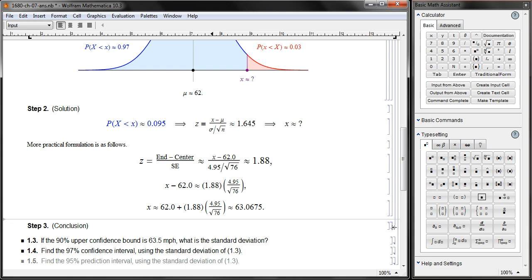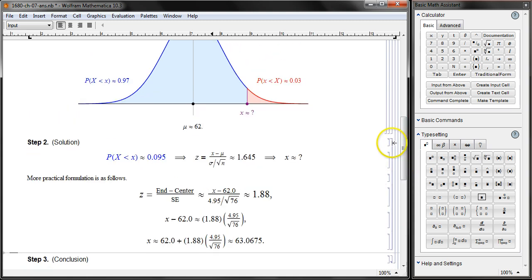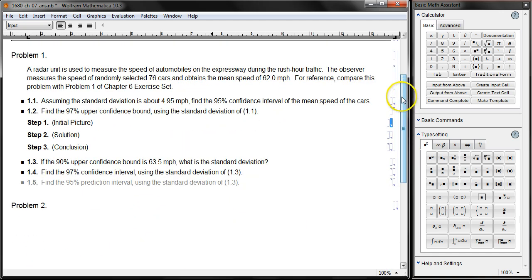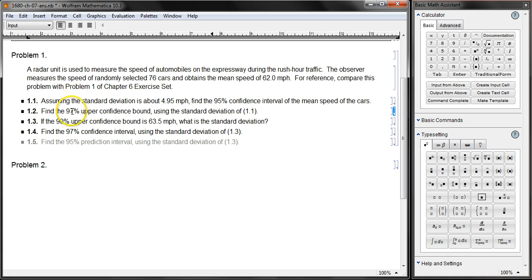That was a 97% upper confidence bound. Can you do the same kind of adjustment if I change this into something still different? 92% or 88%? No matter what I put in, you should be able to do the same thing.